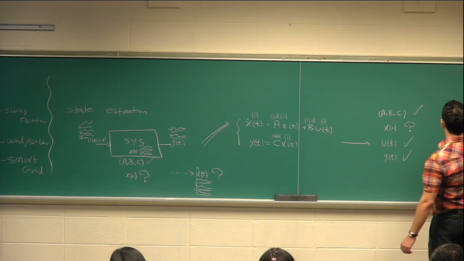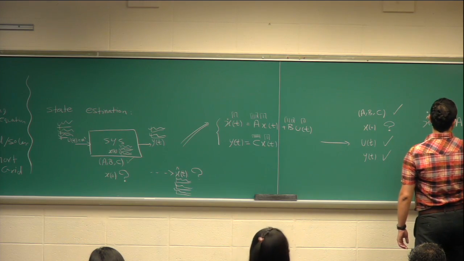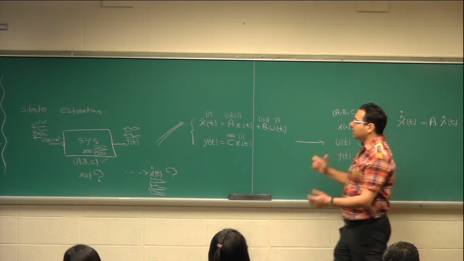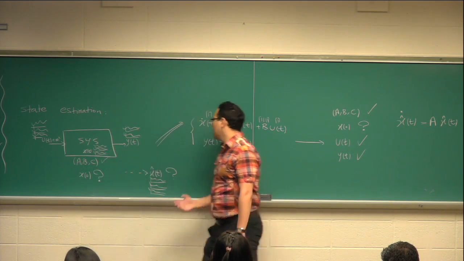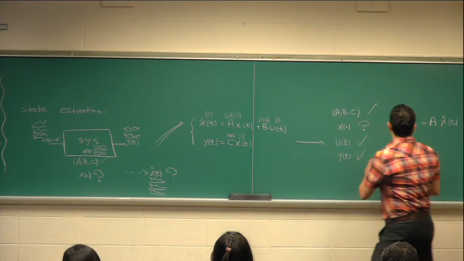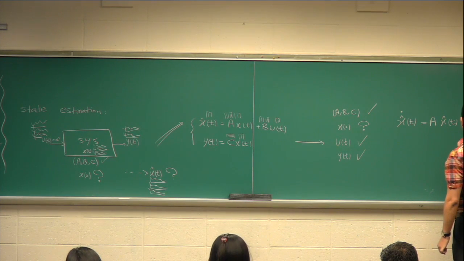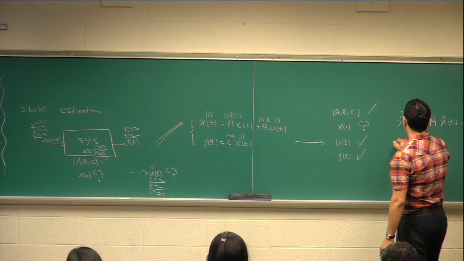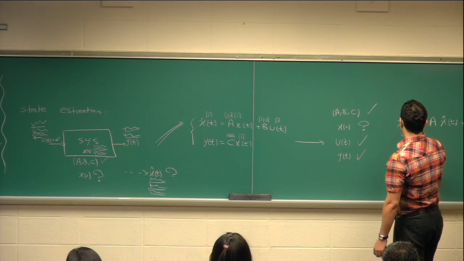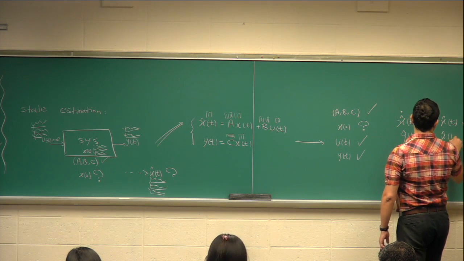The derivative of x hat of t is A x hat of t plus B u of t. I know u, I'm good. And y hat of t, the measurement, is C x hat of t.